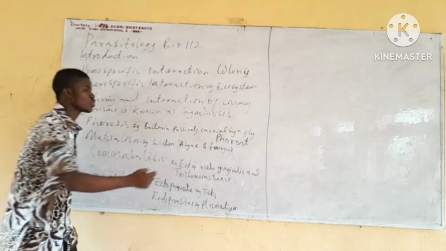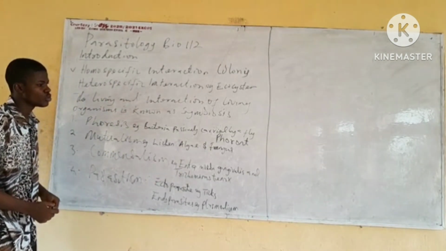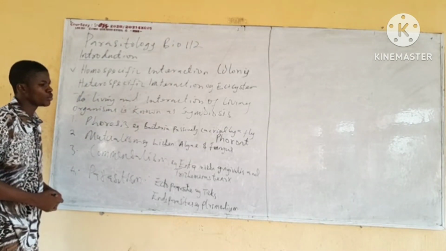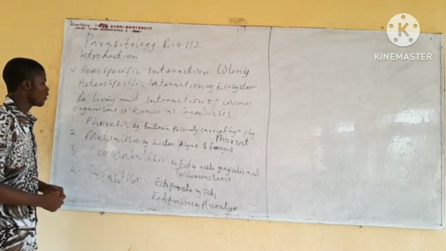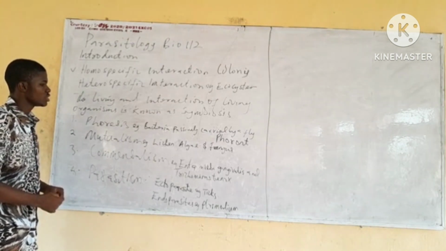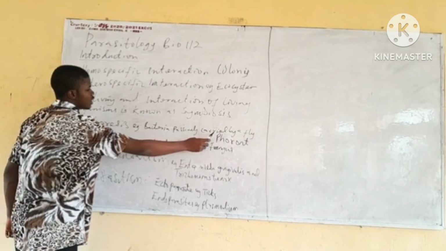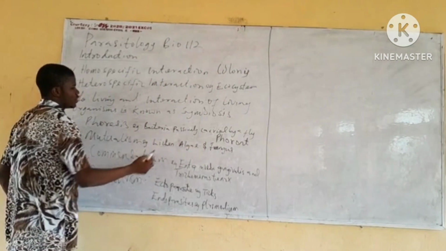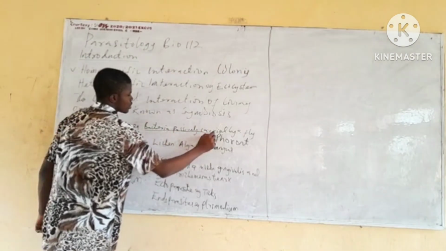And this phoront is not dependent on the host in any form. An example of this is bacteria passively carried by a fly. So, I want us to take note of this.